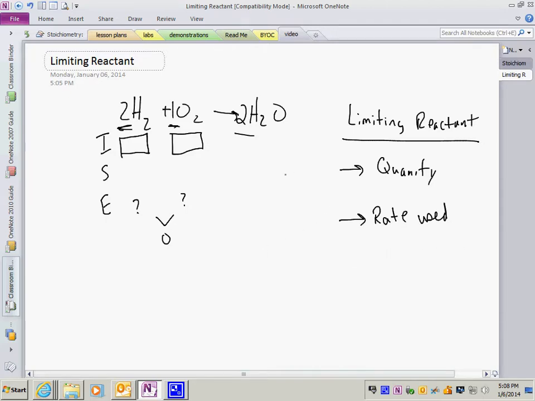So the idea of a limiting reactant always needs to be addressed whenever there are multiple reactants competing against one another. If I said we have 50 of these and I don't give an amount of this reactant, I'm assuming this guy would therefore be in what's called excess.